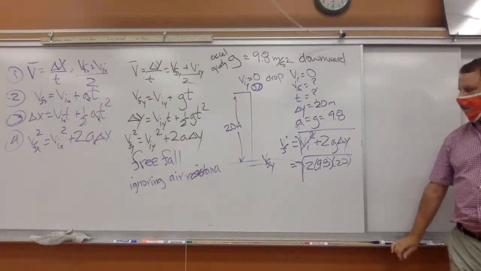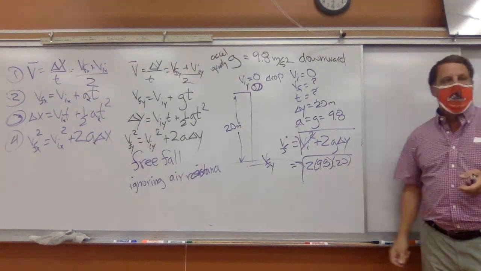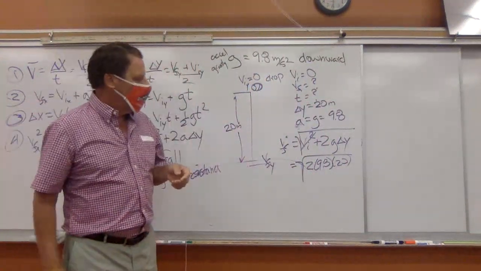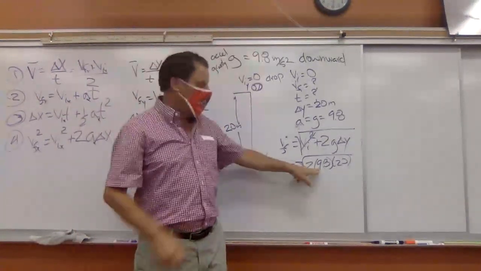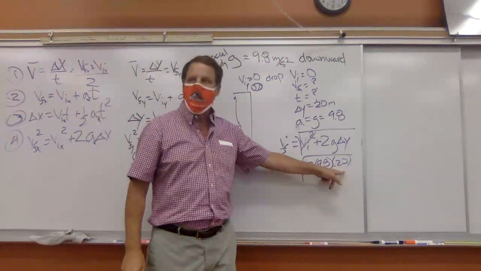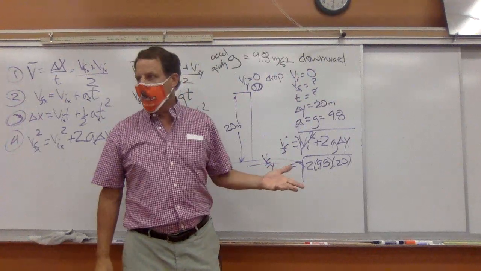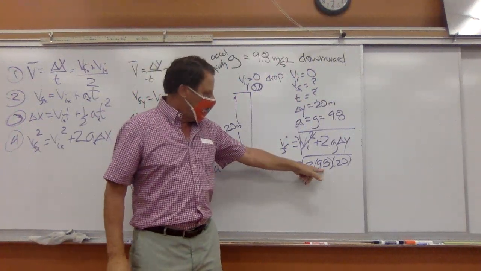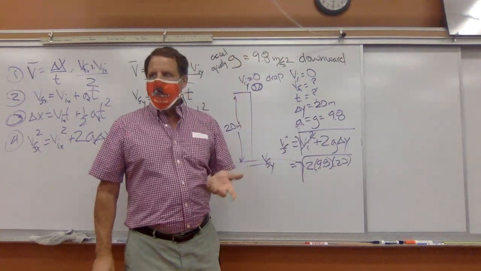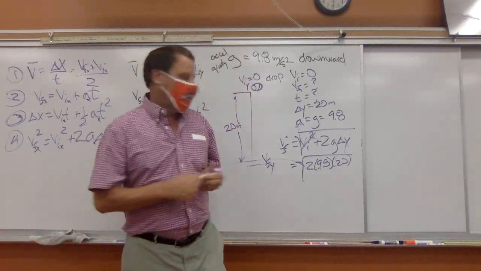Now, we can kind of quickly see here, 9.8 is very close to 10. It's very close to the value of 10. So if we said 2 times 10 is 20 times 20 is 400, and the square root of 400 is going to be 20, okay? Now, the fact that we are a little bit less than this 9.8 here, our value is going to be just a smidge under 20 meters per second, okay?